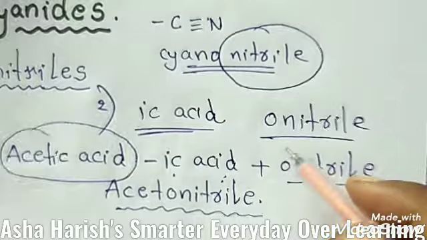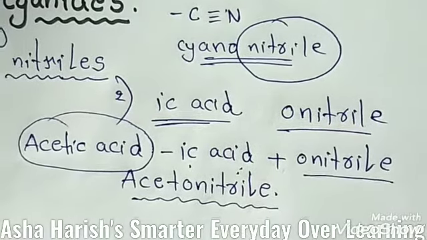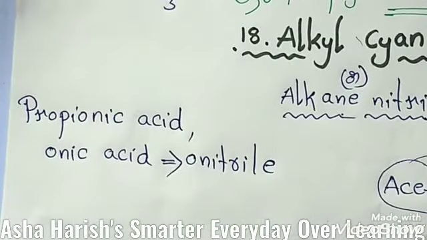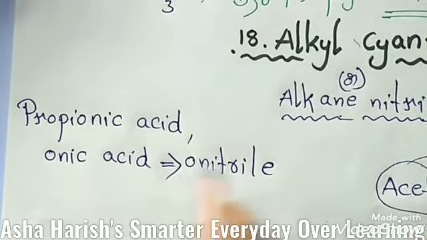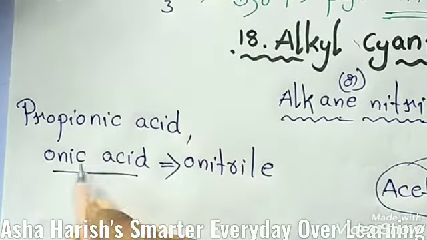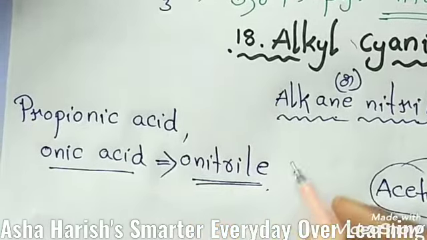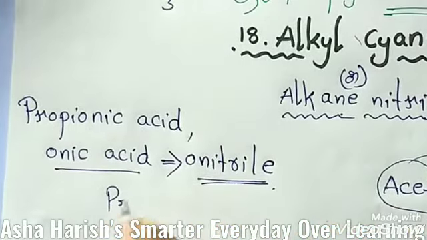However, in case of propanoic acid, onic acid is replaced by onitrile. I'll write it for you. Propionic acid: if you replace onic acid by onitrile, then what you should get finally?